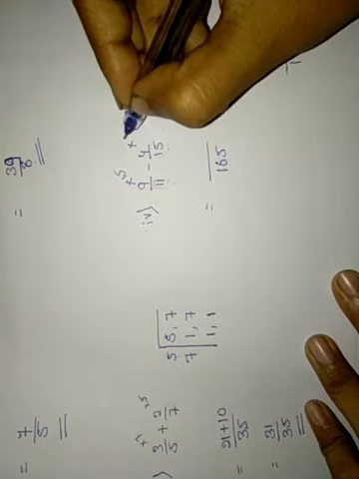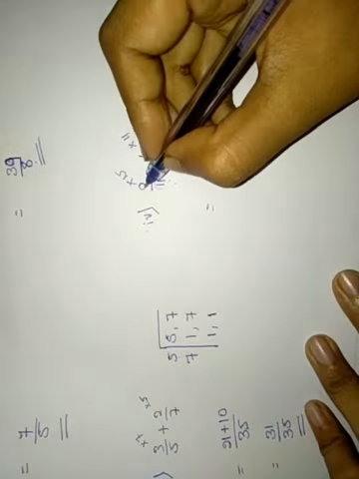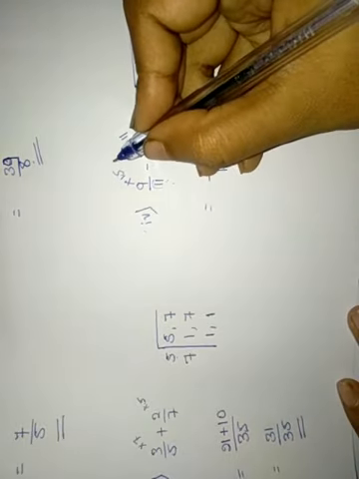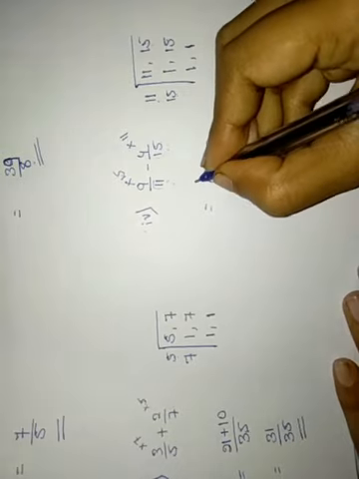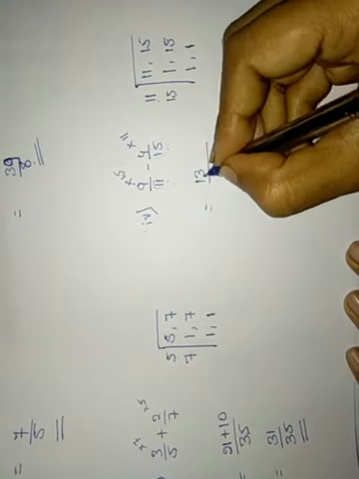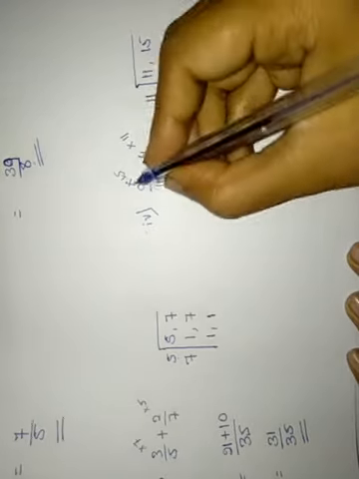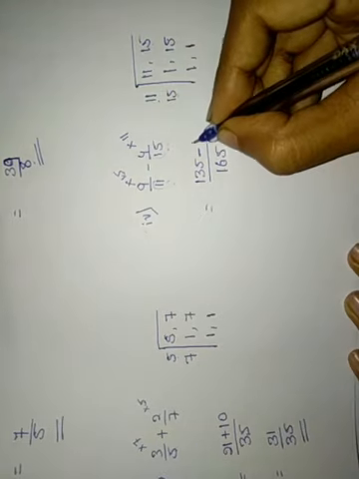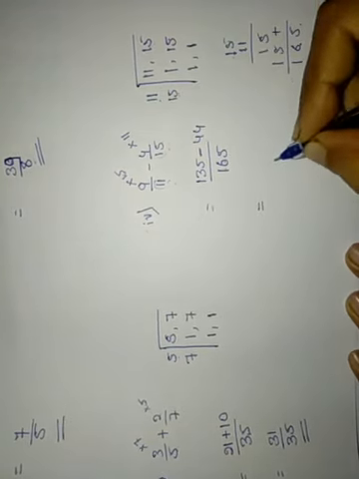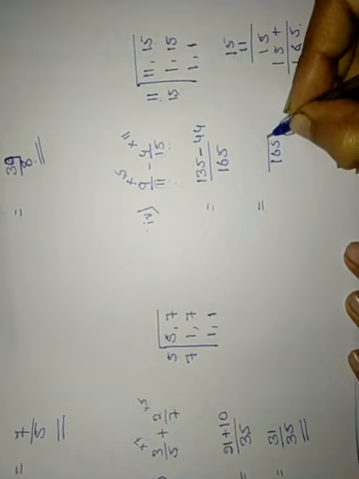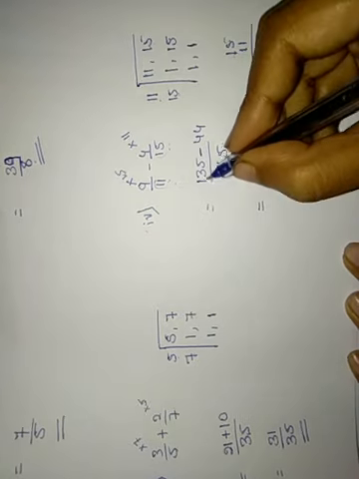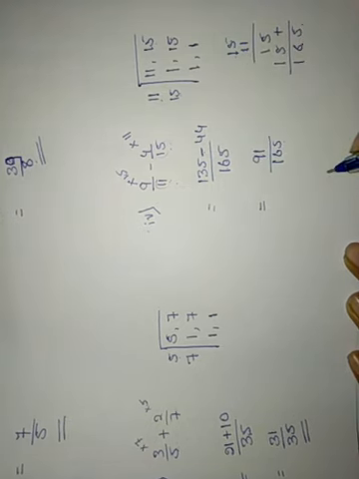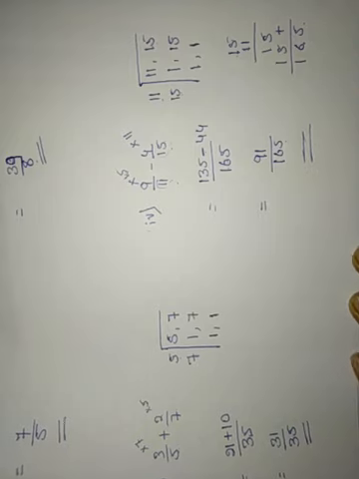For that I will multiply it by 11. 9 into 15, how much will we get? 135, right? 9 into 15 will get 135 minus 4 into 11, that is 44, equals 165. The denominator value I will keep as it is. Again 135 minus 44 will get 91. This is the required answer.